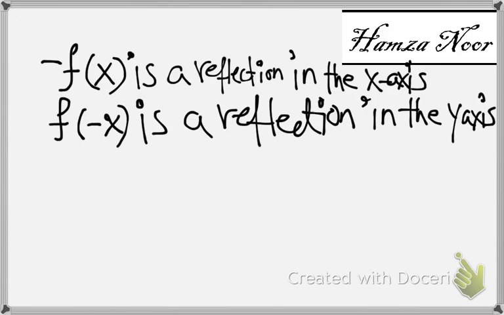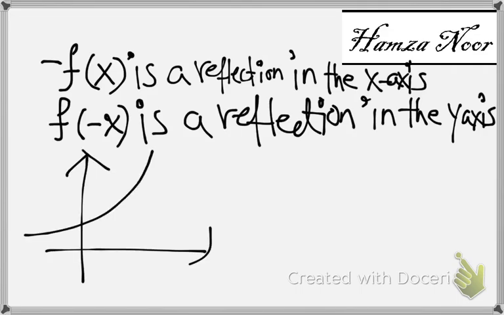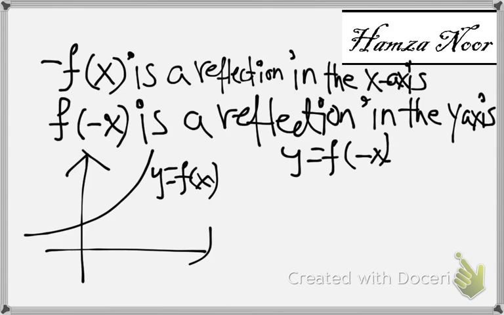Okay, now let's take a look at an example. If you are given a function like this, y is equal to f(x), and you are asked to make a sketch of y is equal to f(minus x) or minus f(x). Let's say you are asked to make a graph of y is equal to f(minus x). So f(minus x) is a reflection in the y-axis.